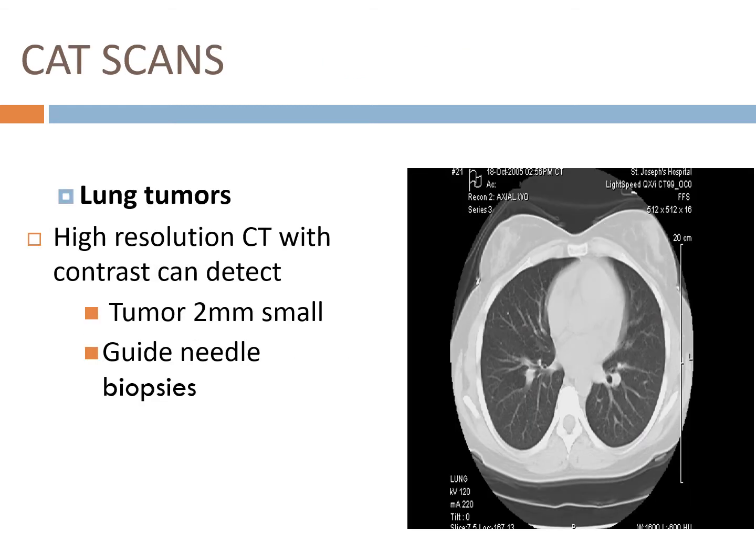The high resolution can detect very small tumors, at about 2 millimeters. They also guide needle biopsies if we have to have a procedure. The CT can show tissue masses that are hidden by dense tissues on a plain X-ray, and it can help differentiate lymph nodes from tumor masses.